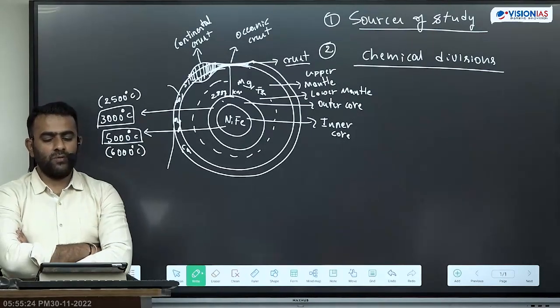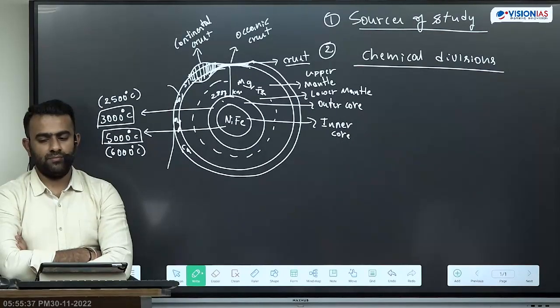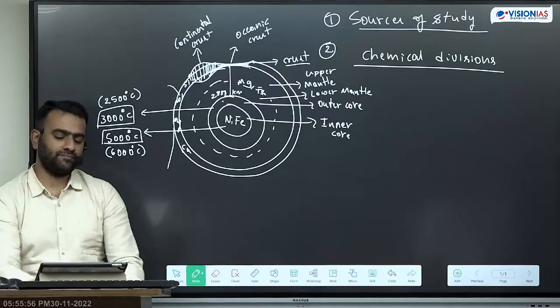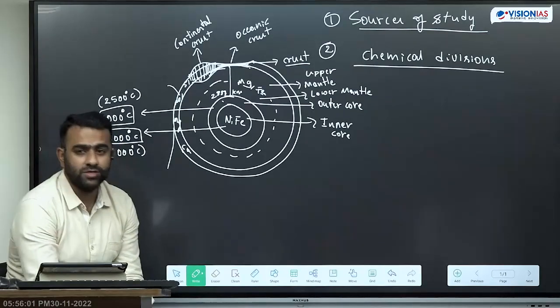Next point, the outer core is liquid and the inner core is solid, as the pressure at the inner core is very high. So that is the chemical divisions. Any doubts here? Chemical divisions clear?